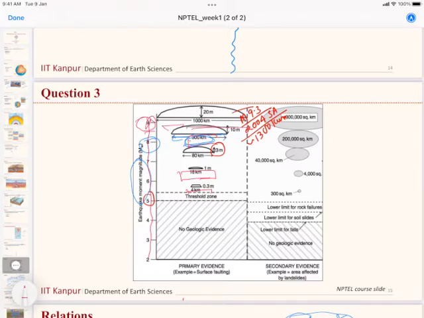It's around 1000 kilometers, so imagine how much damage has happened. That is one of the greatest earthquakes that occurred in Chile in 2004, where sir has also written that it got a surface rupture of 1300 kilometers. So you can imagine how massive the destruction must have been due to this kind of great earthquake.